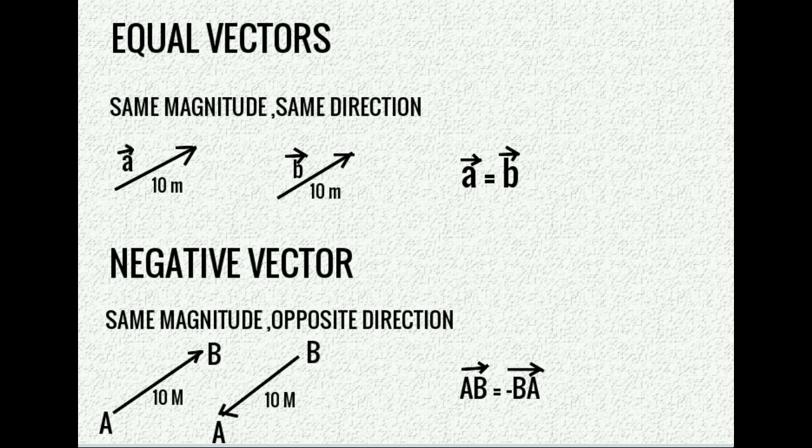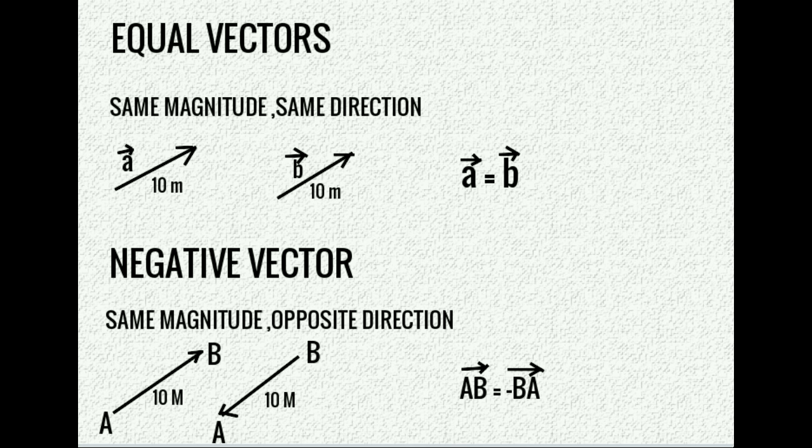Now a negative vector means the same magnitude but opposite direction. For example, something travels from A to B and something else travels from B to A. The distance is the same, 10 meter, but the direction is opposite. So vector AB is equal to minus BA. That is a negative vector.